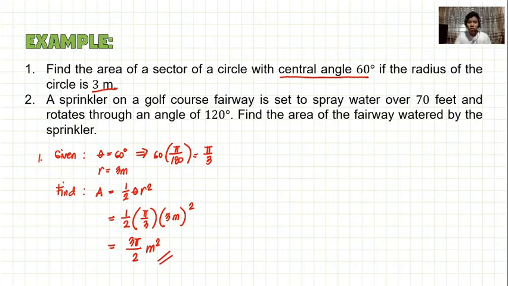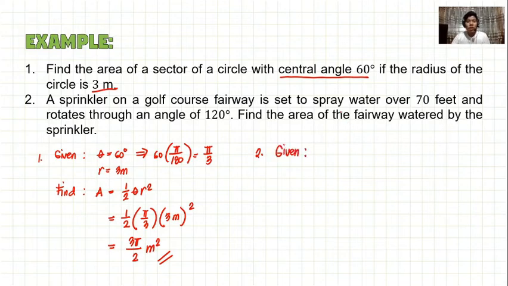Okay? So for number 2, we have here a sprinkler on a golf course fairway that is set to spray water over 70 feet and rotates through an angle of 120 degrees. Find the area of the fairway watered by the sprinkler. What are given here are the following.